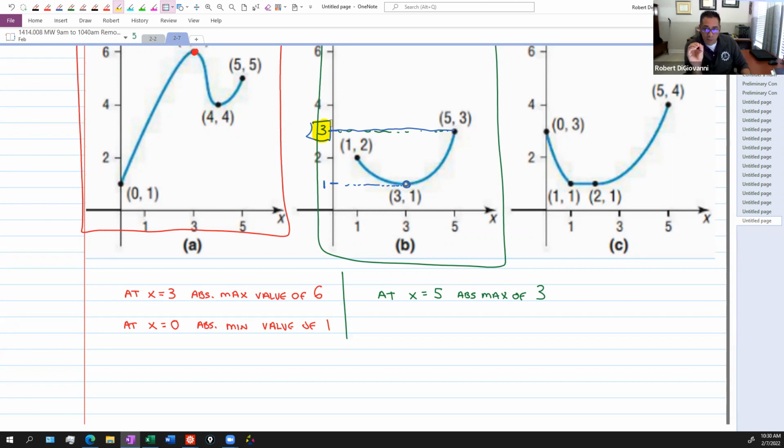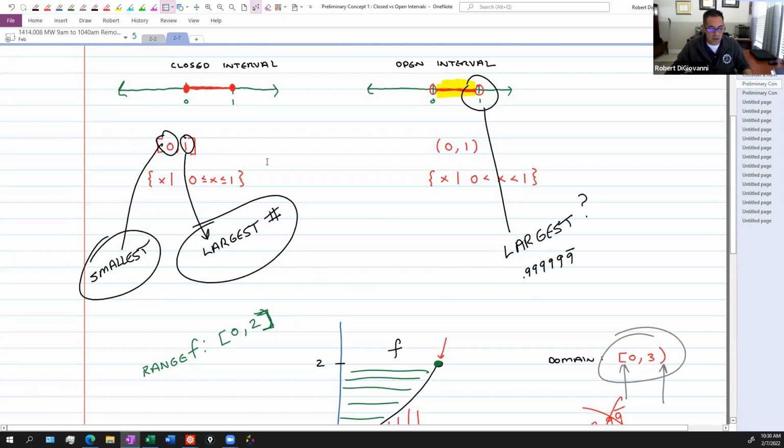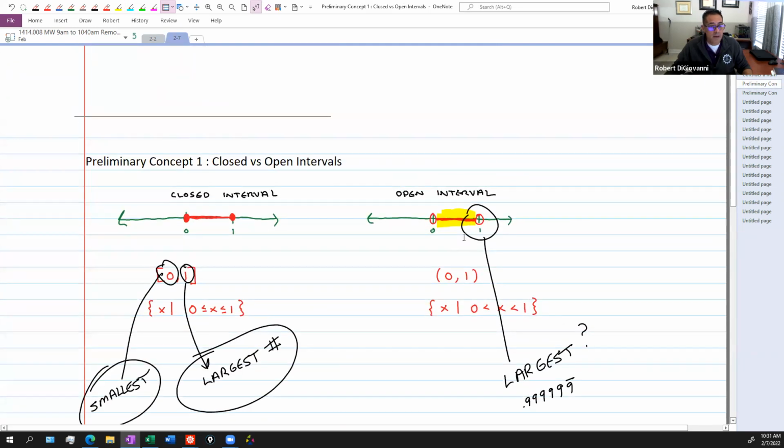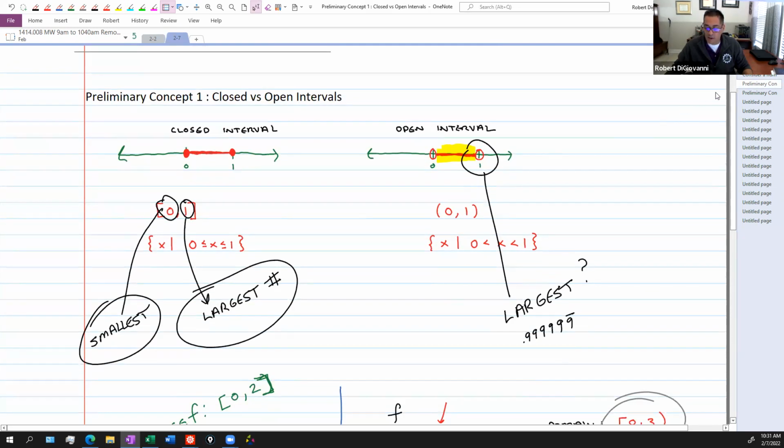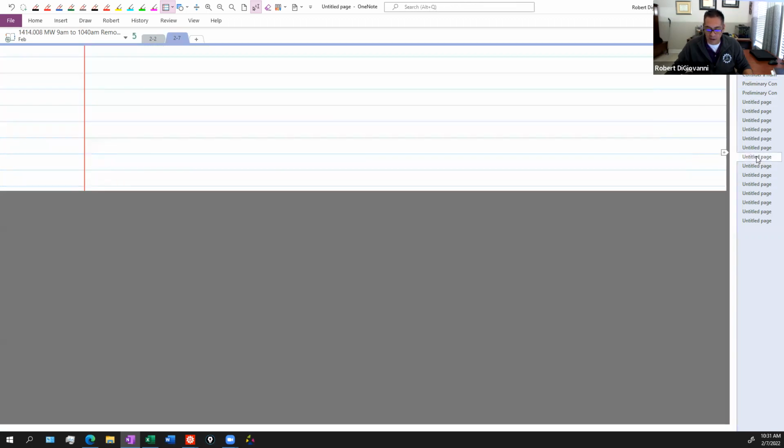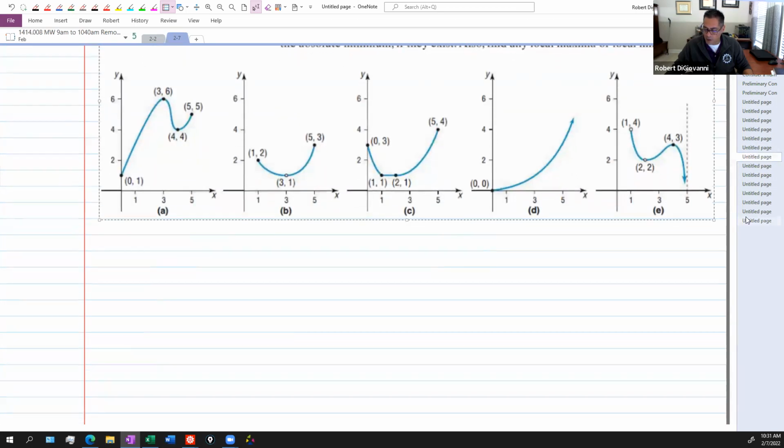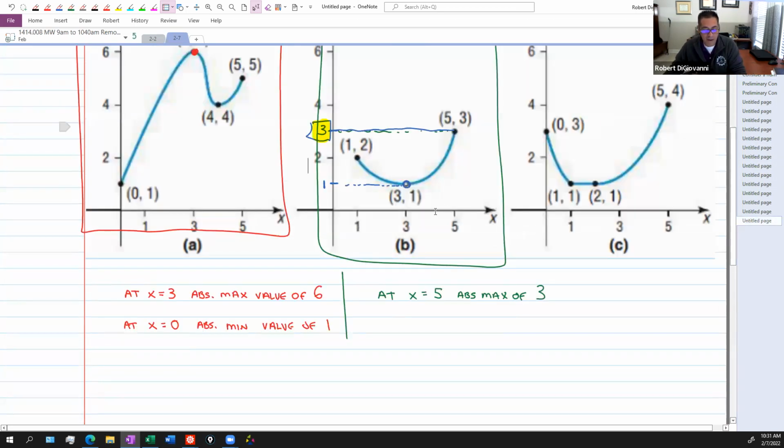So do we actually reach 1? No, we never reach 1. Do we get close to 1? How close though? This goes back to that preliminary concept: you can get closer and closer without ever getting there. So do we actually have an absolute minimum value here?